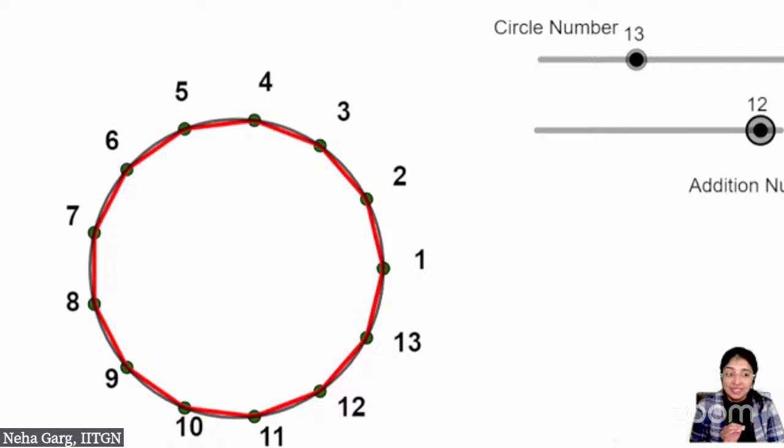Okay. So now can you try to compare both the activities? One was a 12-point circle on which we had 12 points. The other was a 13-point circle. And we did the same process. We added 2, 3. So it is like reading the table of 2, 3, 4, and 5, right? We just did that.